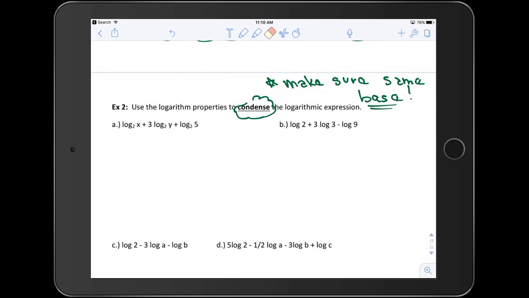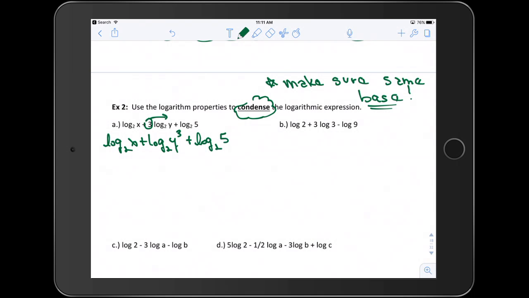Now this, you're going to work exactly opposite of how you did example 1. So you're going to actually take this right here, I'm going to take this and bring it up there, and that's the only other exponent. So I have log base 2 of x plus log base 2 of y cubed plus log base 2 of 5.